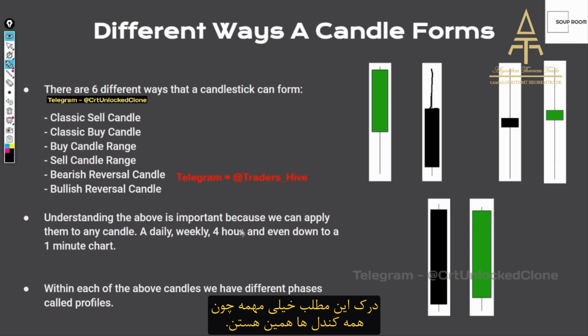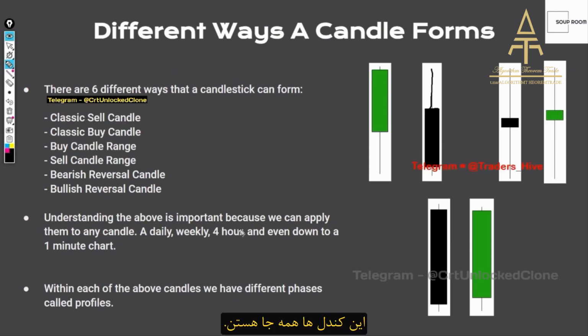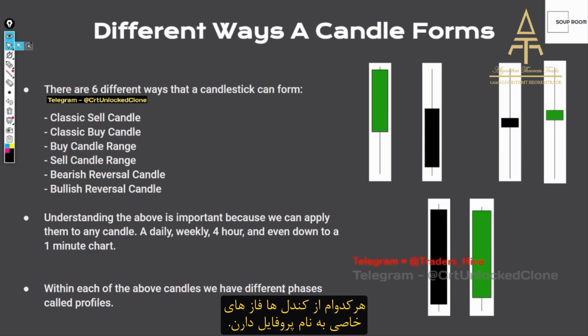Understanding the above is very important because we can apply them to any single candle on your chart. I am repeating this once again. A daily, weekly, 4-hour, and even down to a 1-minute chart. These candlesticks will be found everywhere. Okay? Within each of the above candles, we have different phases called profiles.